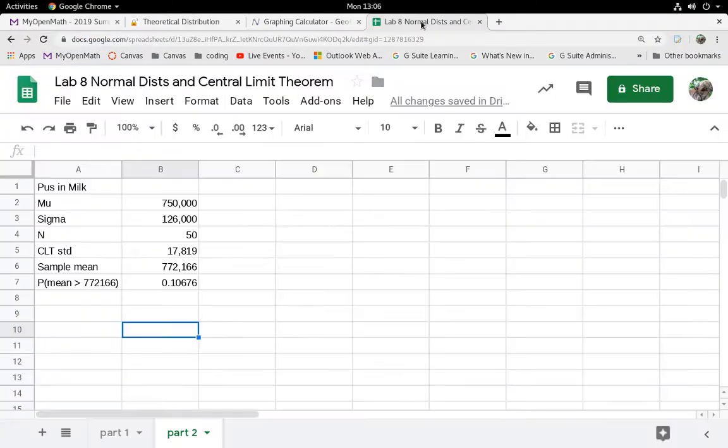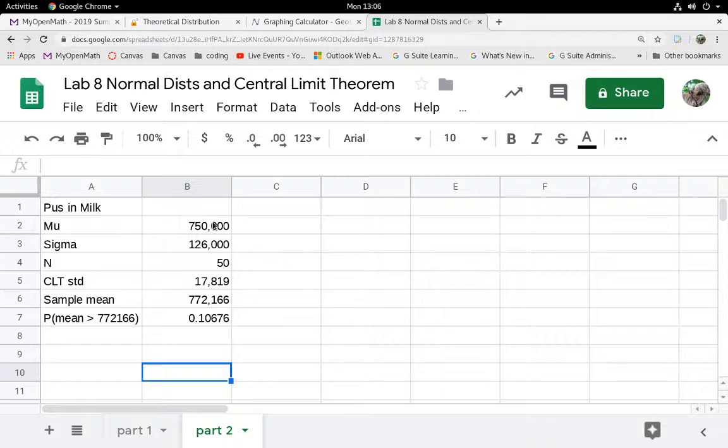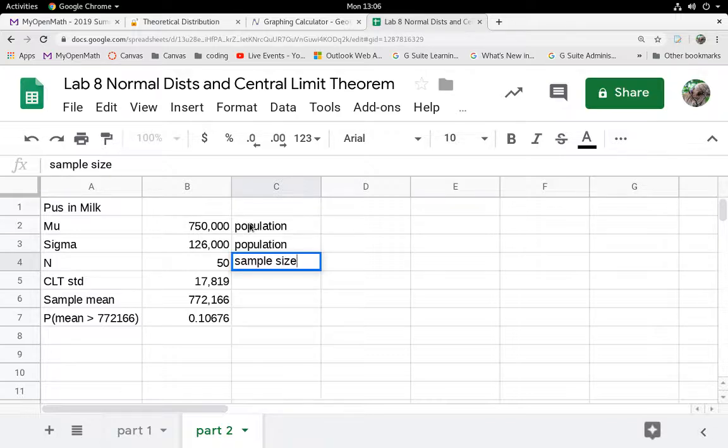I have a spreadsheet here. Now let's blow that up again. All right, so this is my population mean. Right. Population. This is my population standard deviation. This is my sample size, n. And this is the Central Limit Theorem standard deviation, which applies to a sampling distribution.